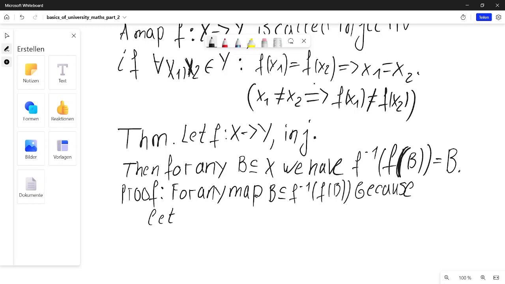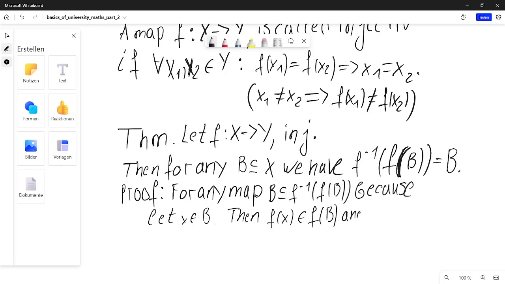let x be an element, f of x is of course an element of f of b, that's just the definition.